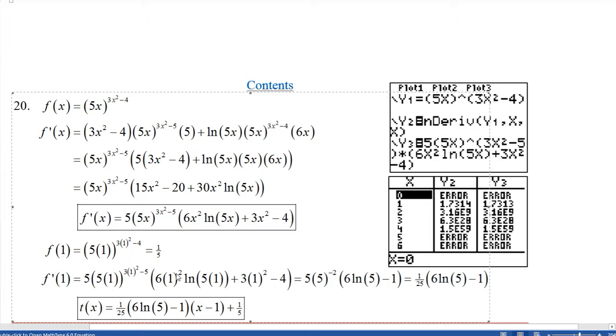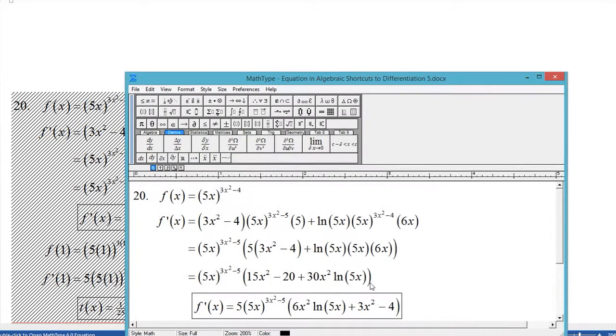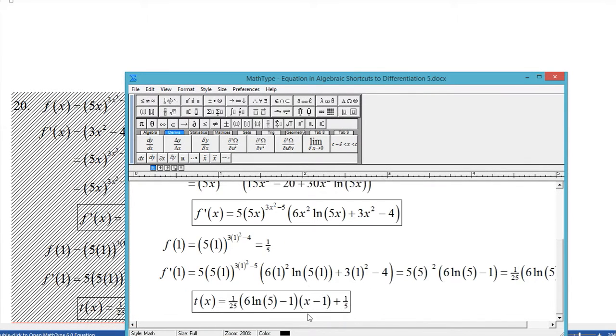Here we have, this is just 6 log of 5 plus 3 minus 4. 3 minus 4 is negative 1. 5 over 5, that's 5. This should be, let me look at that again here. 5 times 5 to the negative 2 is 1 over 5, that should say.